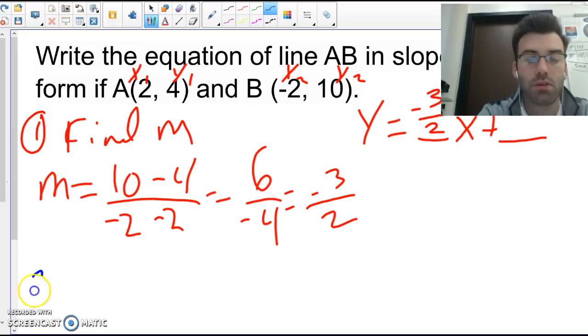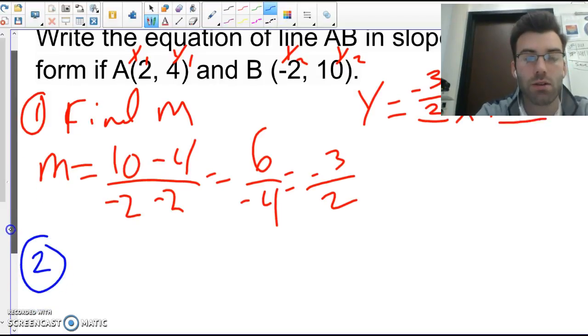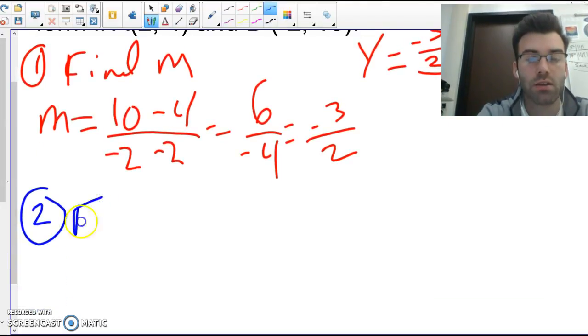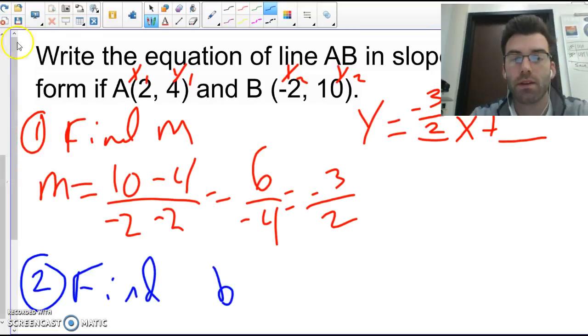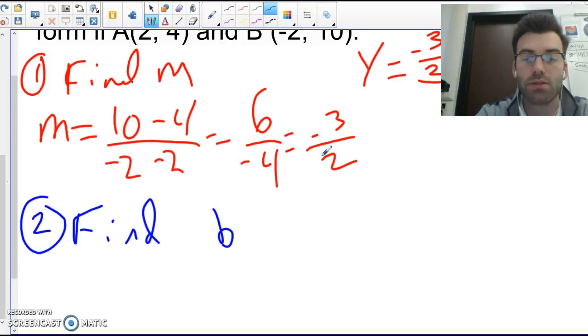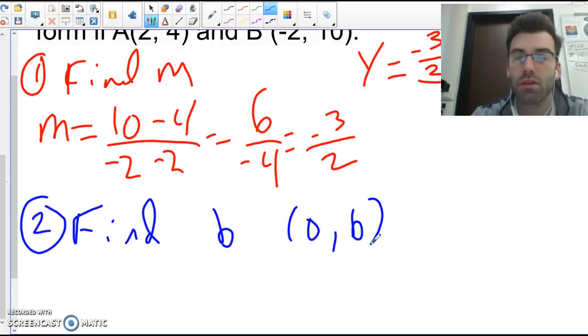The next step when you're talking about slope-intercept form is to find b. Now remember, some of us may say, oh, b's 4 or b's 10. But remember, b, which is your y-intercept, is written as 0, comma, b, whatever that b value is.